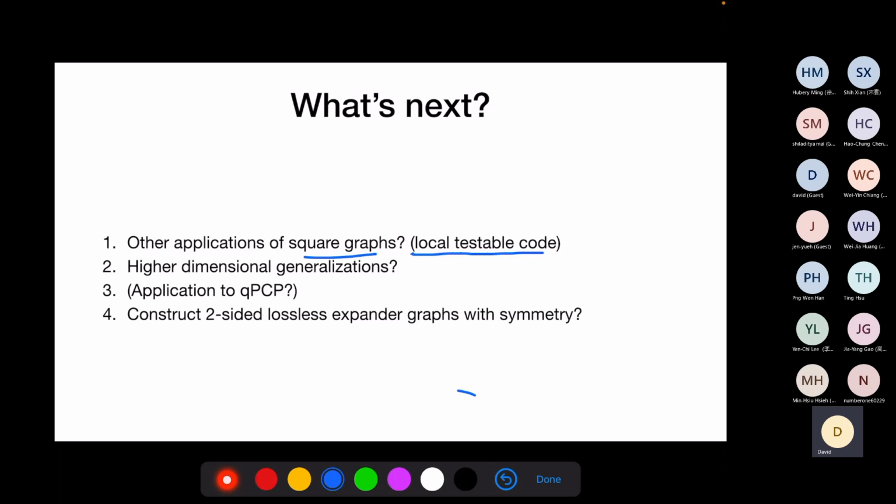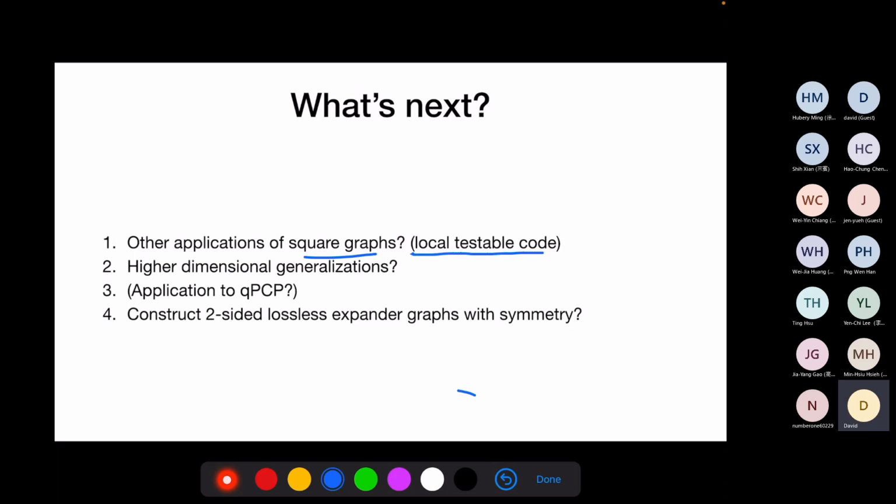People want to find locally testable codes with some nice properties, and they also somehow found the same construction, which is the square graph. So maybe the square graph has some nice properties that could have usage in other places.